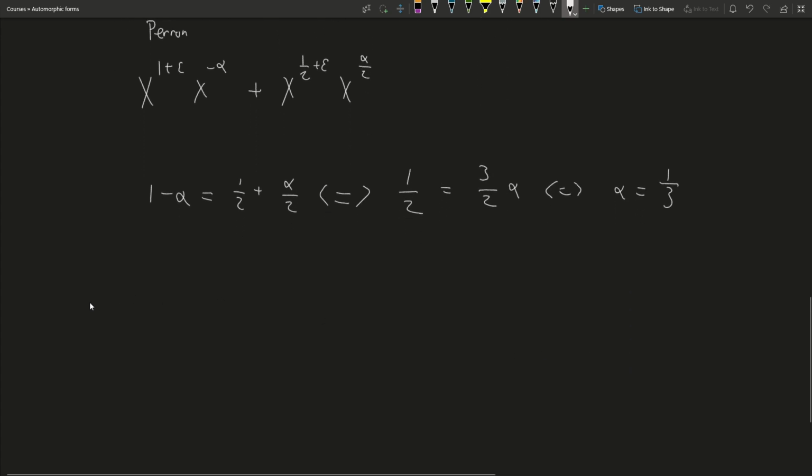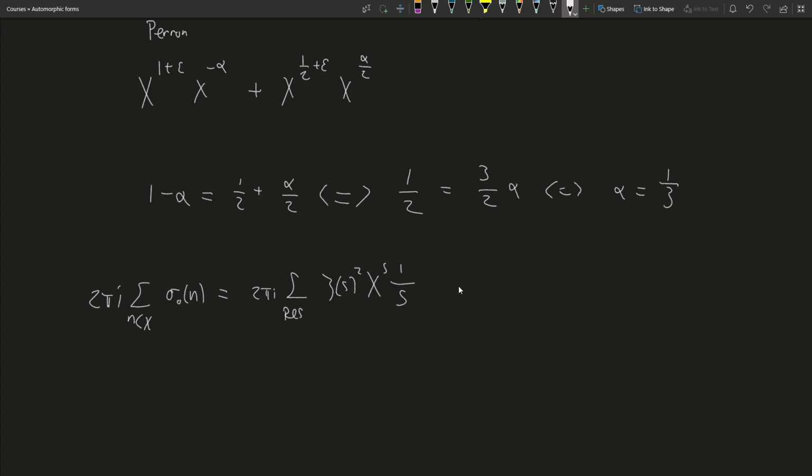And the error term you end up getting overall is that 2 pi i times the sum over n less than x of the divisor counting function of n is equal to 2 pi i times the sum of residues of zeta of s squared x to the s times 1 over s, and the error term you have is big O of x to the 2/3 plus epsilon.